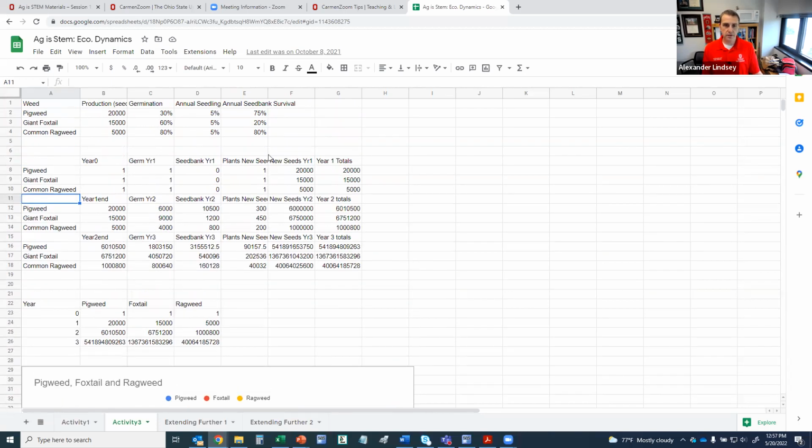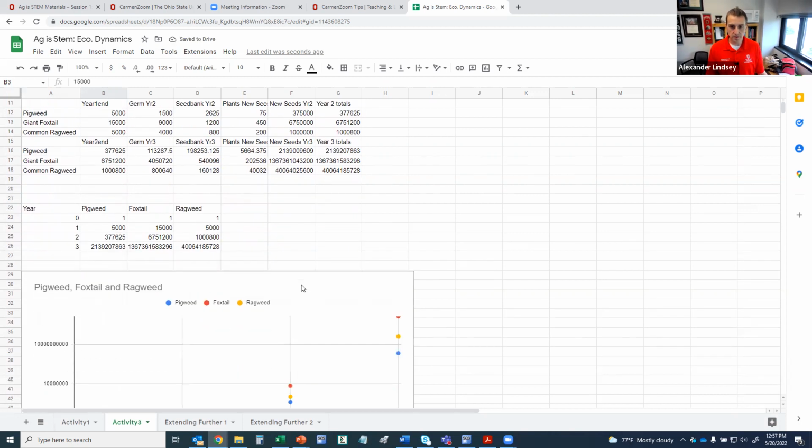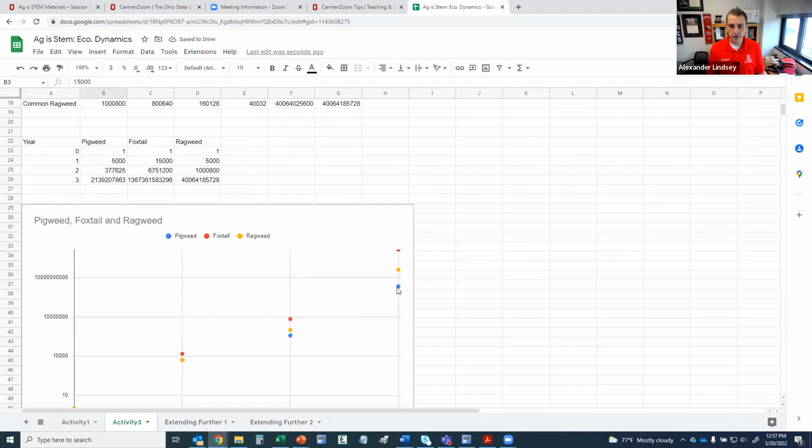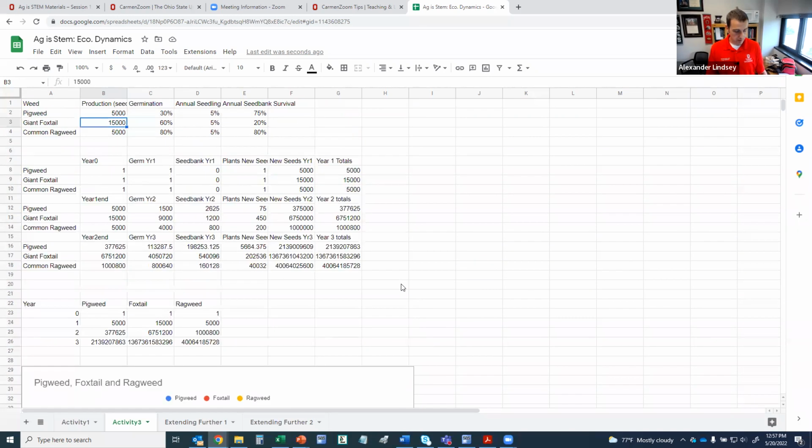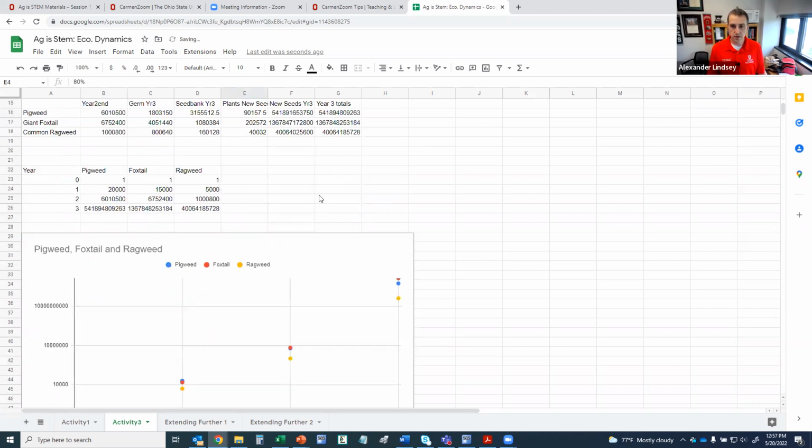The interesting thing about this is if we decide to look at prolificacy and change this, for example, down from 20,000 to 5,000, all of our calculations will update, and we can look at how that changes our spreadsheet calculation. We can also, instead of manipulating seed number, manipulate seed survivability. So let's say 40% survives. Does that change our results?